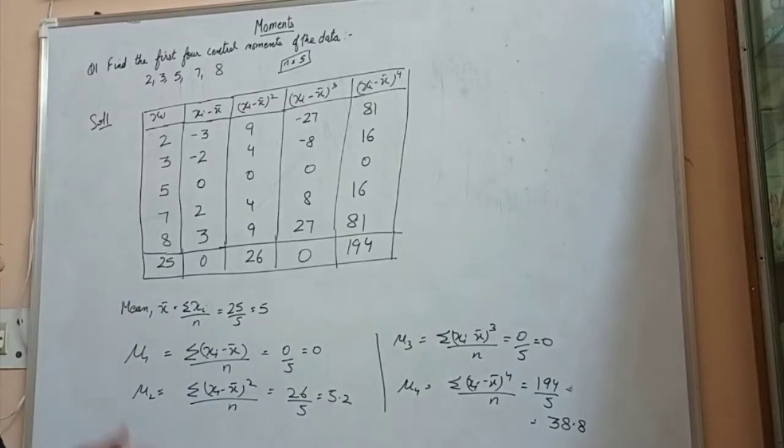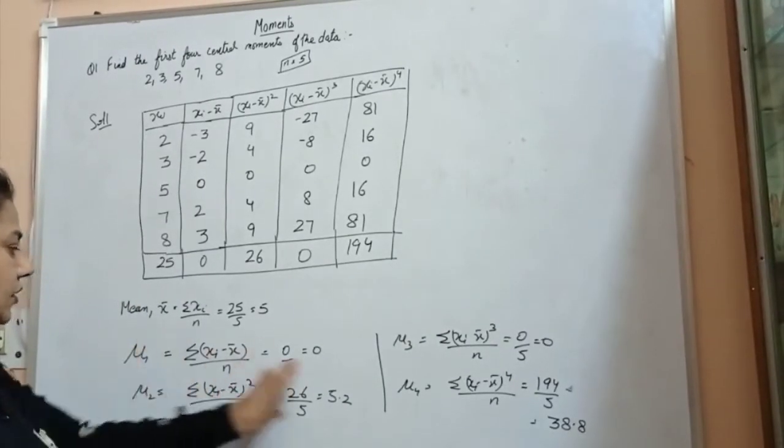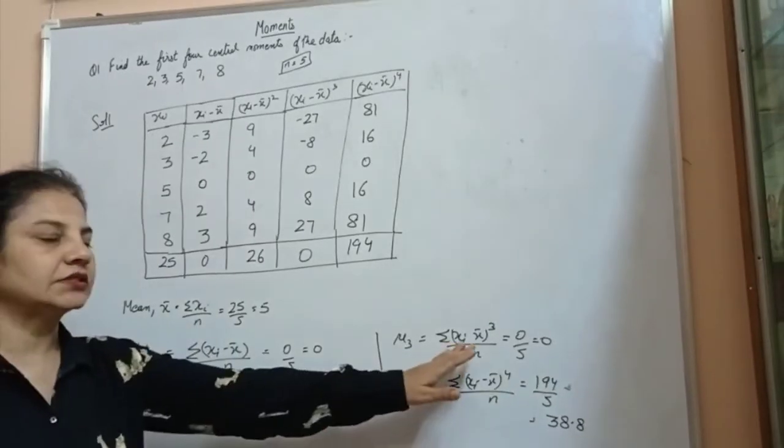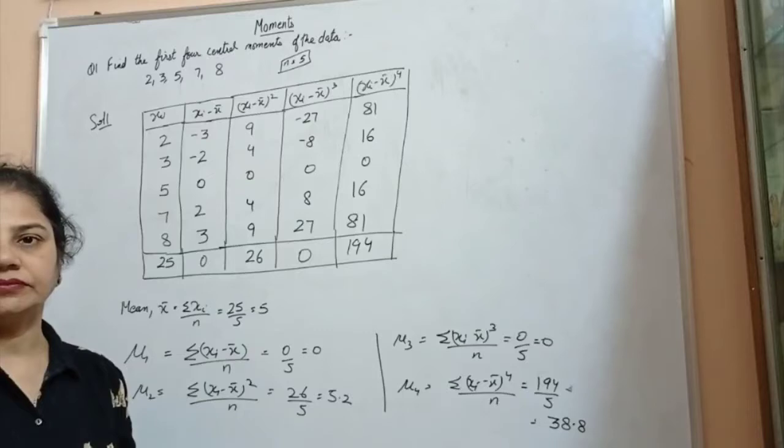So we get the four central moments: mu1, the first, is 0, the second is 5.2, the third is 0, and the fourth is 38.8.